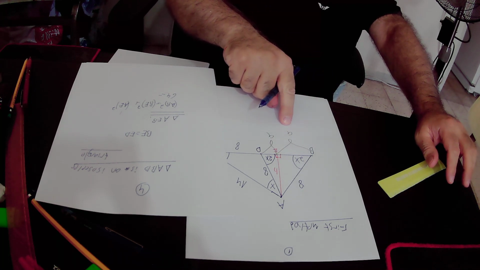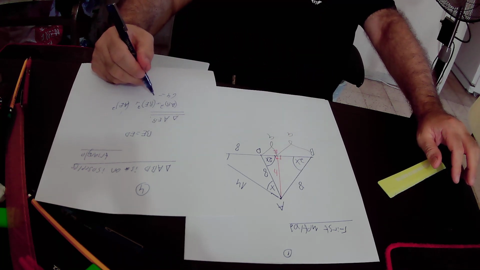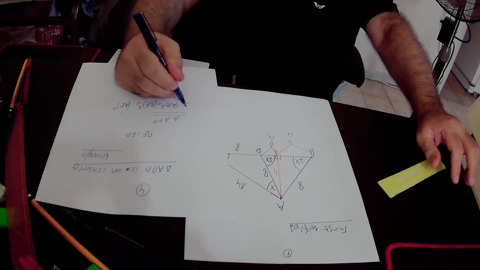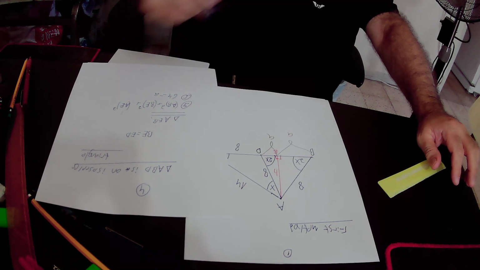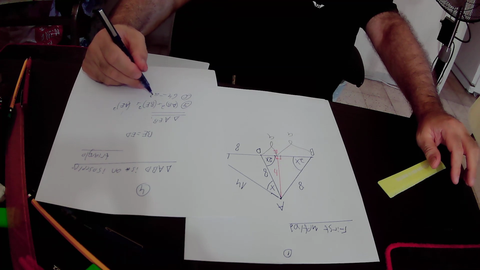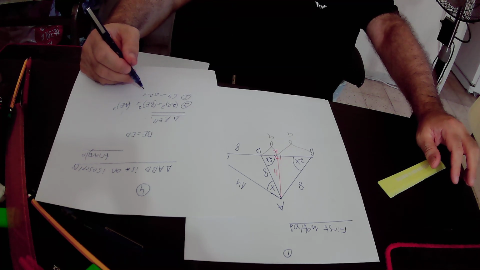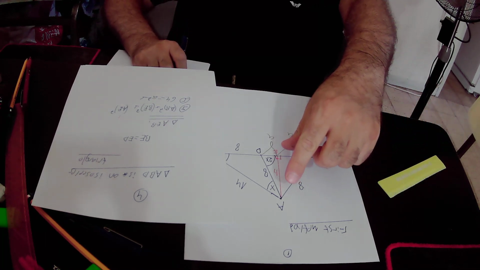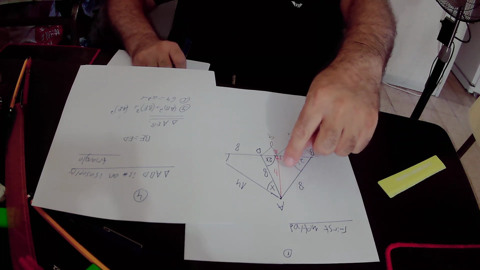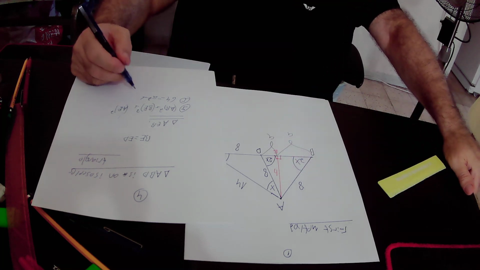BE equals a, so BE square is a square. That is equation number 1. Plus AE square. AE equals h, so AE square is h square.